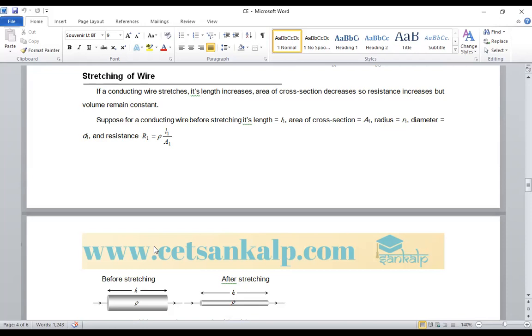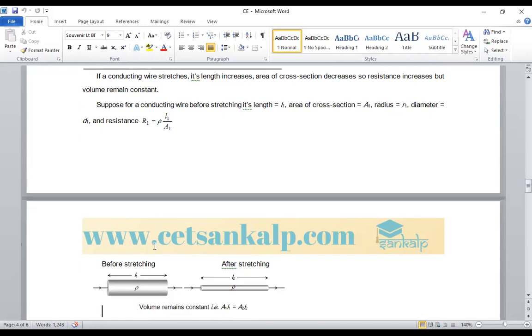Length increased means resistance increases. Area of cross section decreased means resistance increases. But the one thing you have to remember is volume remains constant.